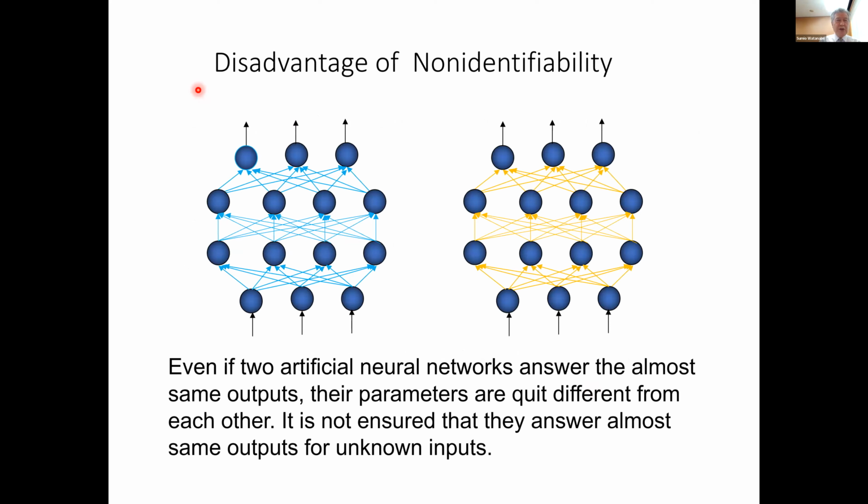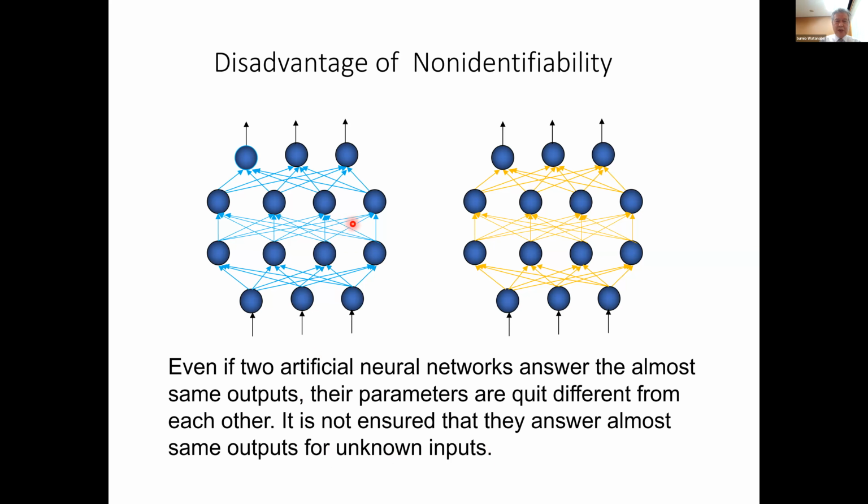So this slide explains the disadvantage of non-identifiability. Even if two artificial neural networks give almost the same output to the same input, their parameters are quite different from each other. It is not ensured that they give almost the same output for unknown inputs.